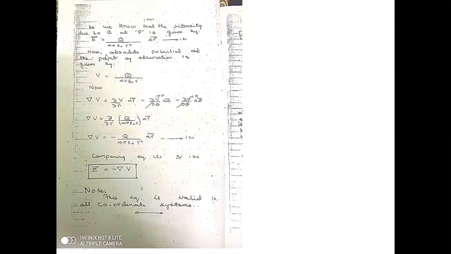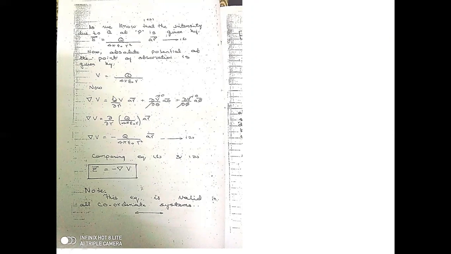So E will be, as we know, E is equal to Q divided by 4 pi epsilon naught r square, which we have already proved in the previous lectures. And this is always along the radius, along the direction of r. Now the absolute potential at the point of observation will be V is equal to Q divided by 4 pi epsilon naught r.